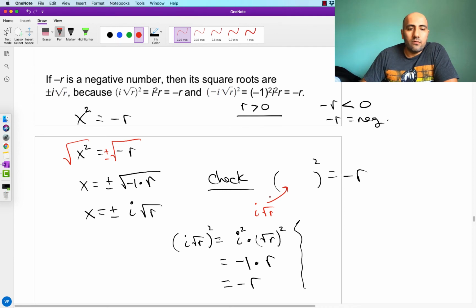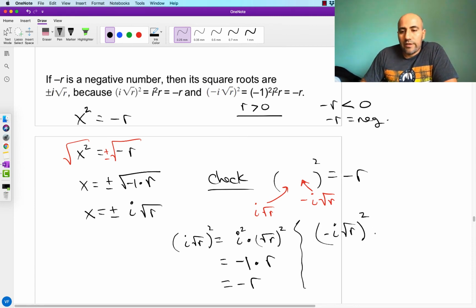And we also know that negative i square root of r also works. Right? So let's check it. If we try negative i root r squared, of course we're going to get a negative 1 squared, and then an i squared.